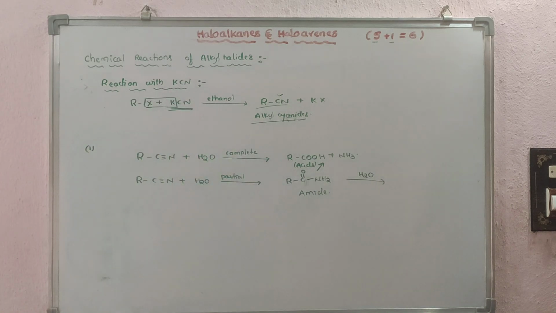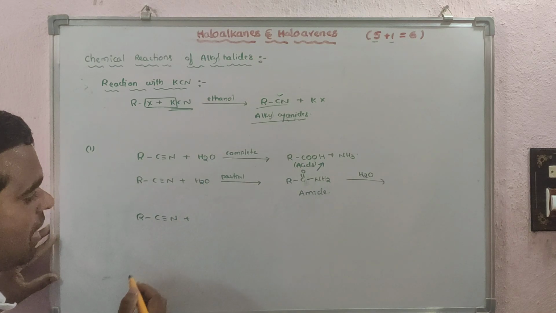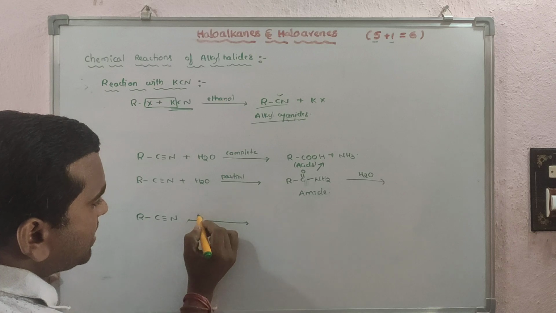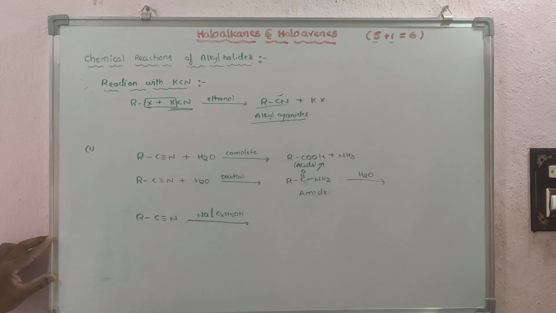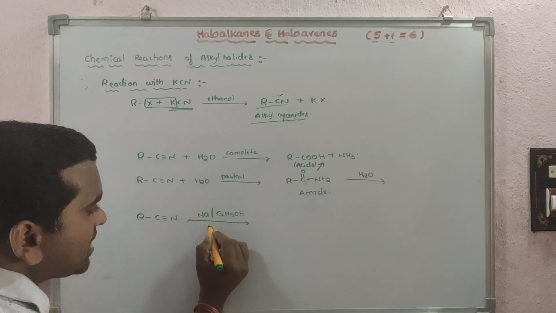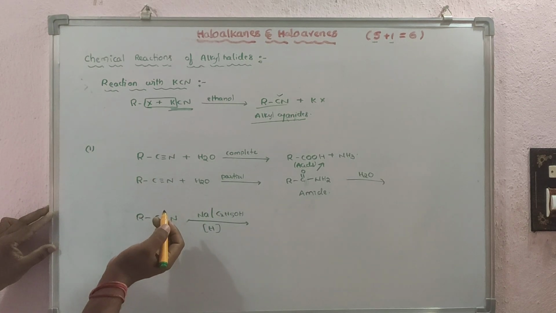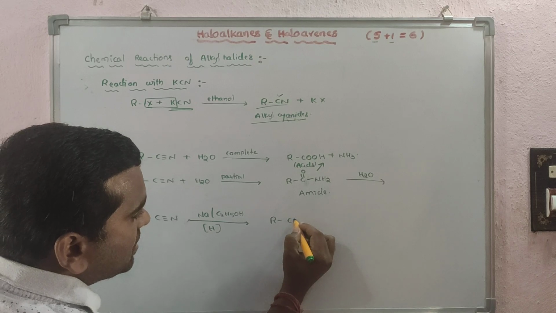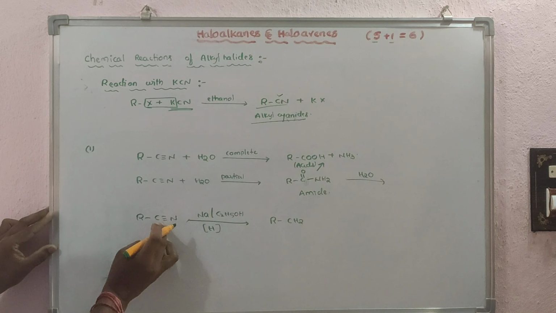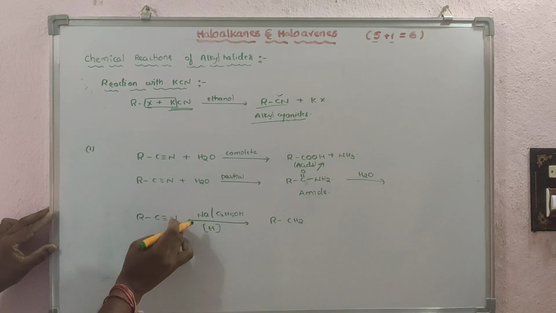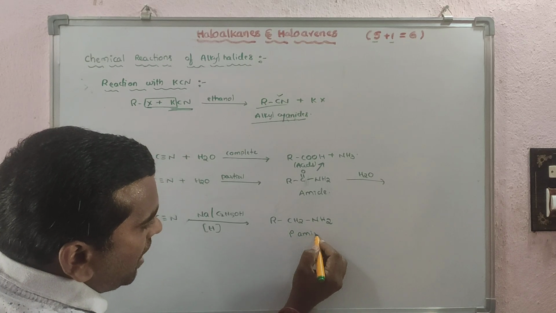And the reduction of cyanides produces primary amines. Reduction with sodium and ethanol produces nascent hydrogen, and these hydrogens will be added at the triple-bonded carbon. Then you will get the compound RCH2NH2. Two hydrogens will be added, one bond breaks, CH and NH, another bond breaks and another H and H. This we call a primary amine.